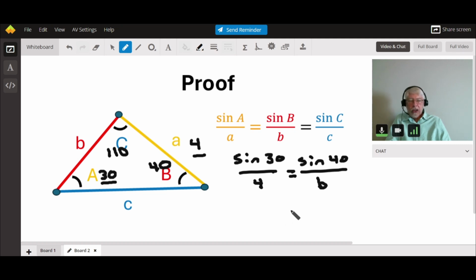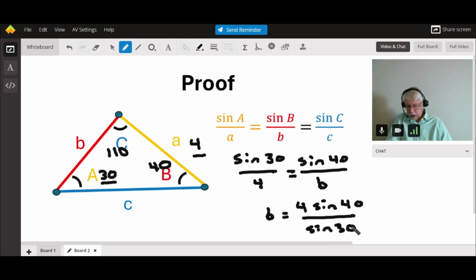So if I want to find the side length b, I just say b is equal to 4 times the sine of 40 over the sine of 30 degrees. So 4 times the sine of 40 divided by the sine of 30, that gives me 5.142300877.